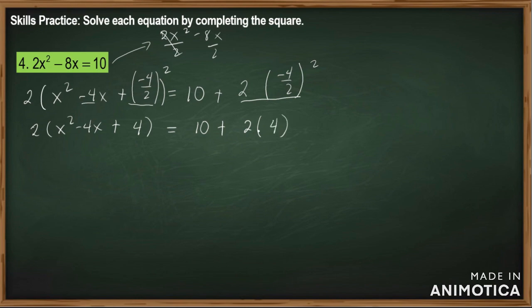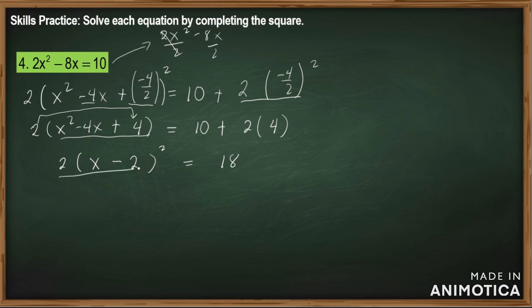So what is added now is positive 8. Also here, you have 2 times 4 is equal to 8. Then we have now 2 times, express this trinomial into a binomial square by getting the square root of x squared, and that is x. Then get half of negative 4, that's negative 2, equals 10 plus 8 is equal to 18.